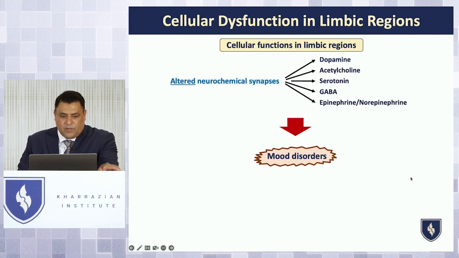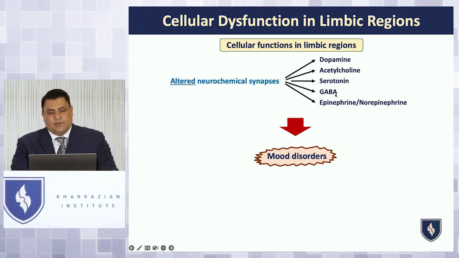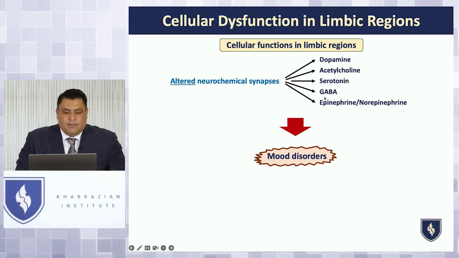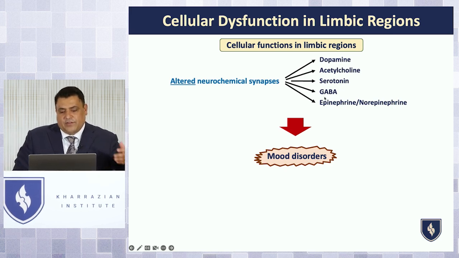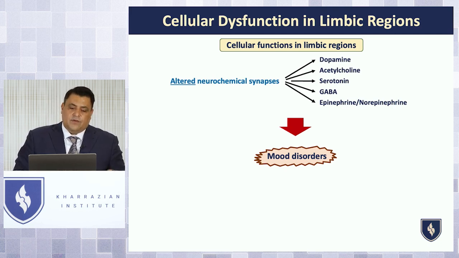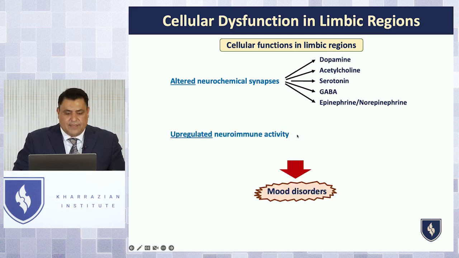So when we look at cellular dysfunction in limbic regions, we know that if these dopamine, acetylcholine, serotonin, GABA, or norepinephrine pathways are disrupted by things like lack of oxygen, anemia, which is carrying oxygen to these cells in the brain, or severe iron deficiency anemias, or dysglycemias that impact the large neutral amino acid transporter, those can alter neurochemical synapses. But we can also have upregulated neuroimmune activity impact mood disorders as well.